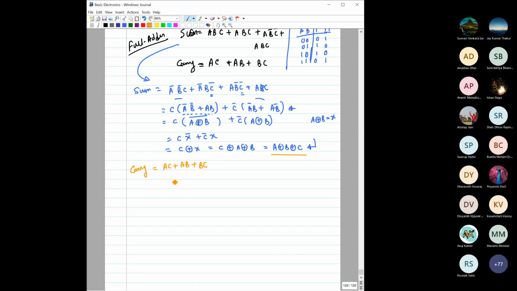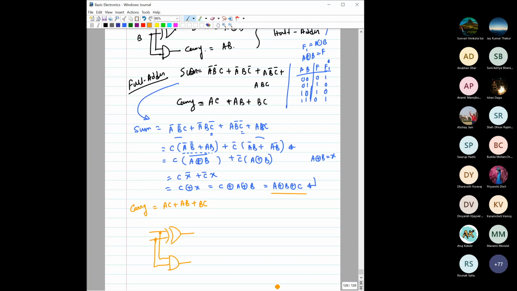Sir, the expression of sum we have derived from K map. Sir, we have assumed that it can't be simplified further. And sir, here you have reduced it. Really, have we reduced it? Sir, I mean you have written a smaller function.